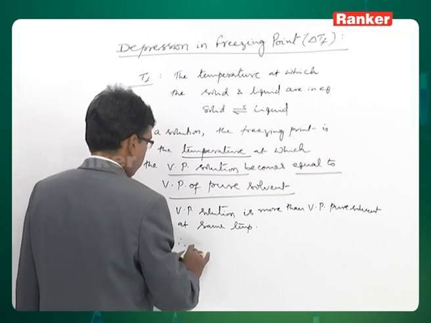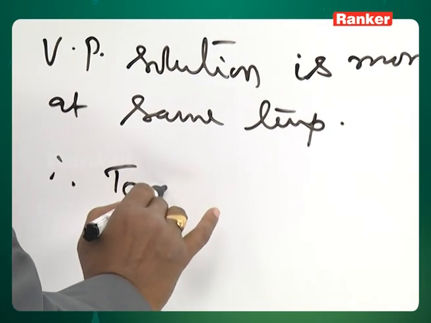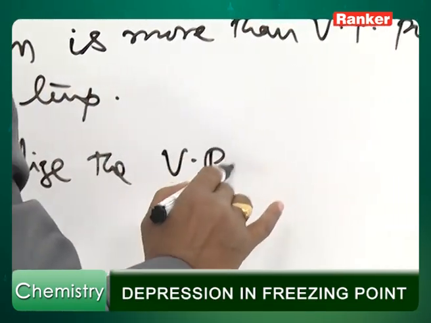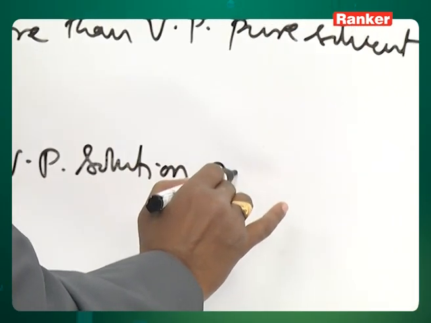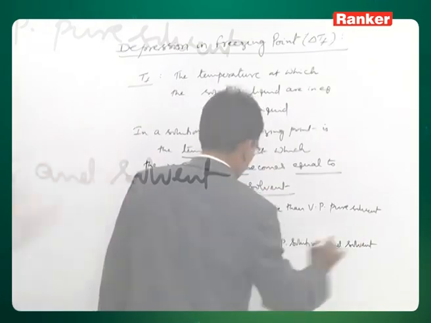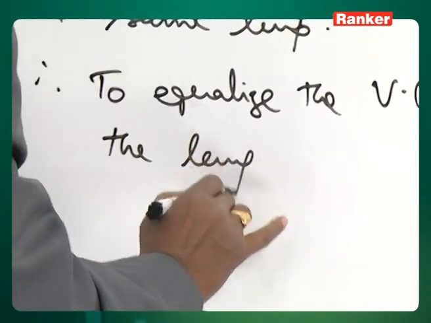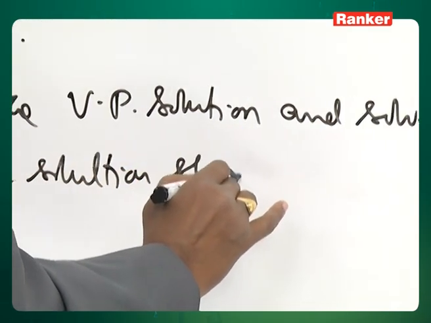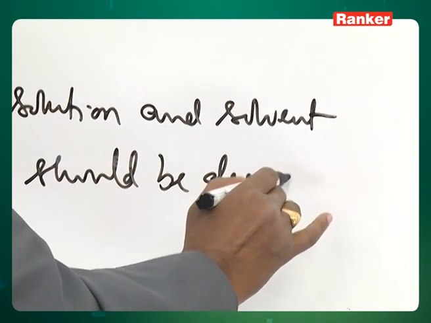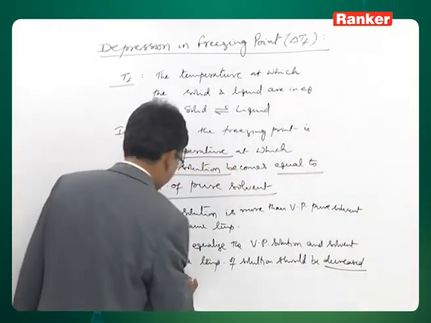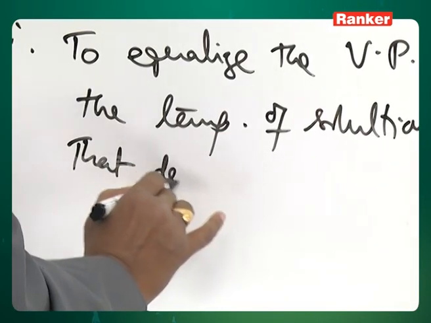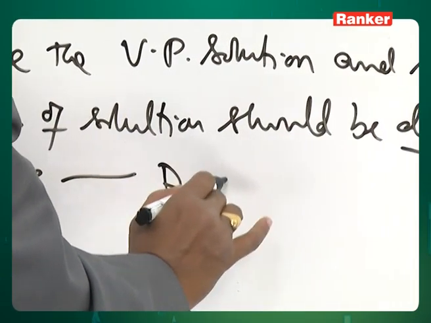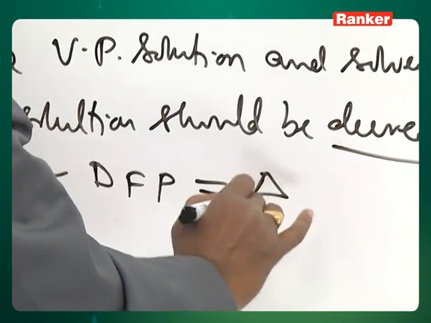Therefore, to equalize the vapor pressure of solution and solvent, the temperature of solution should be decreased. That decrease is what we call depression in freezing point, delta TF.